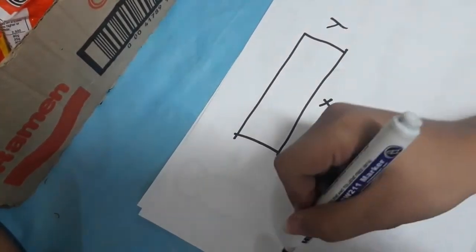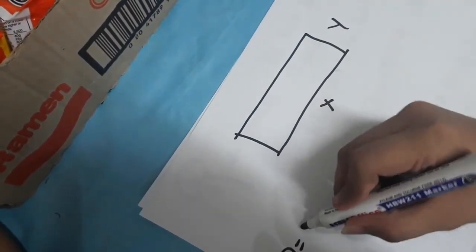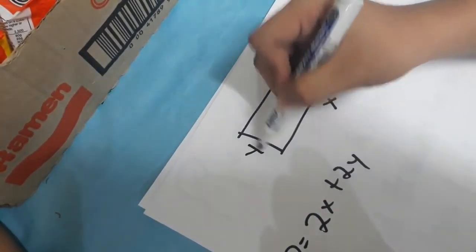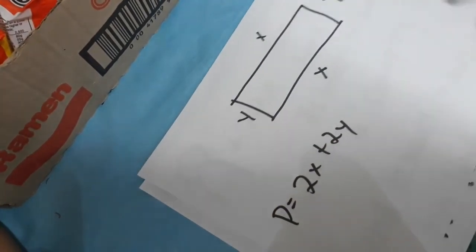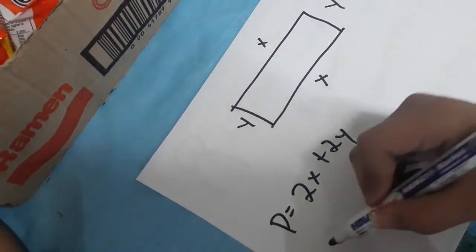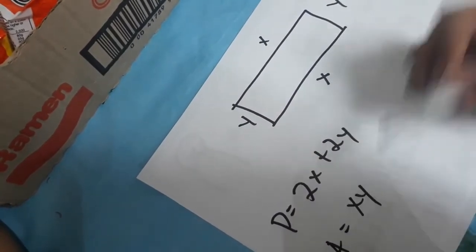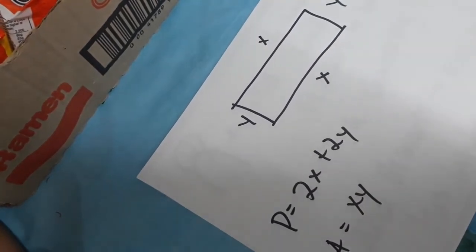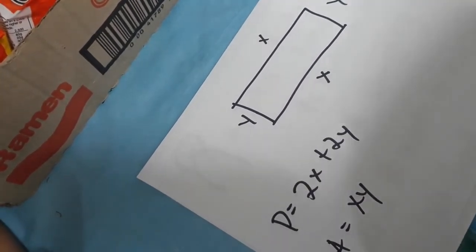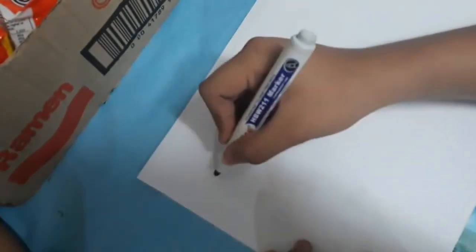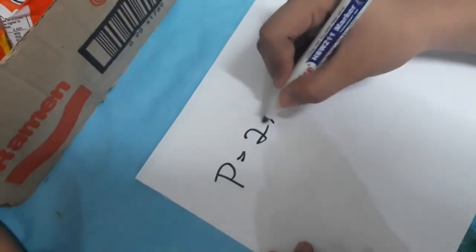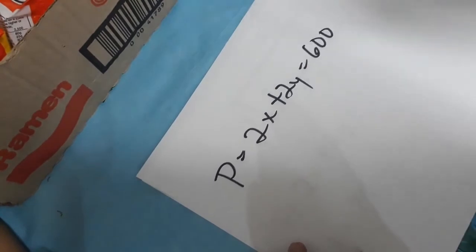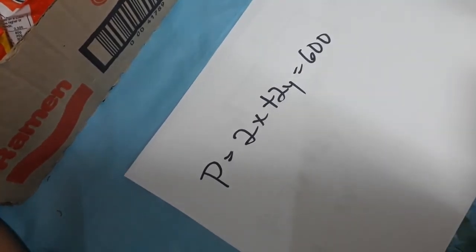So the perimeter of his land will be 2x plus 2y, because this will be another y and this will be another x. And its area will be xy. So getting the function to solve its derivative, its differentiation. So we'll have perimeter is equal to 2x plus 2y is equal to 600. So he believed that he has 600 kilometers of land.